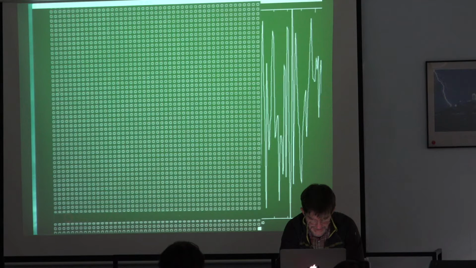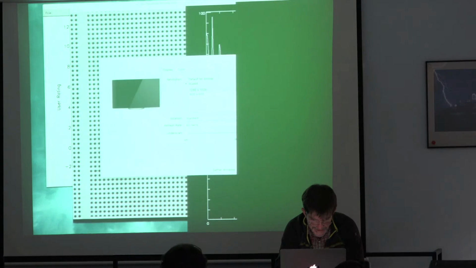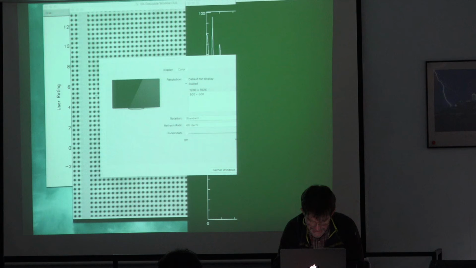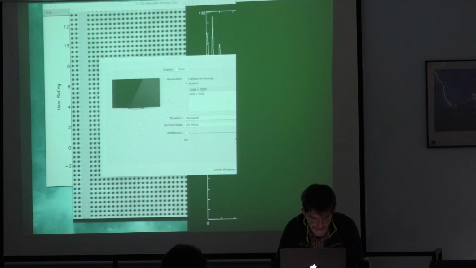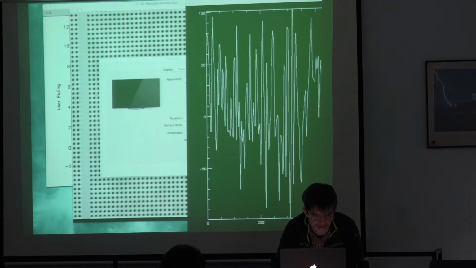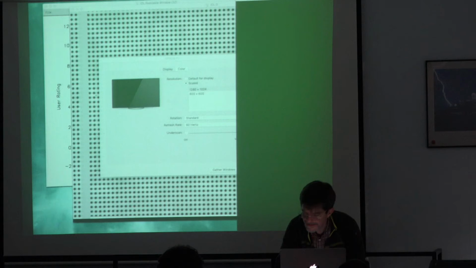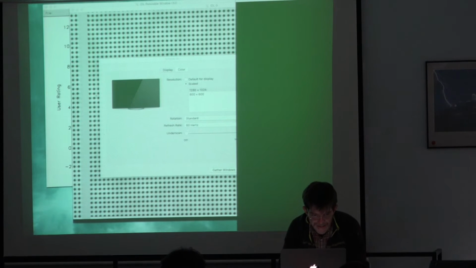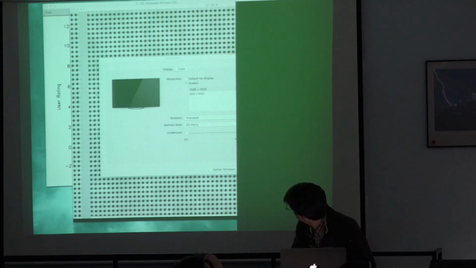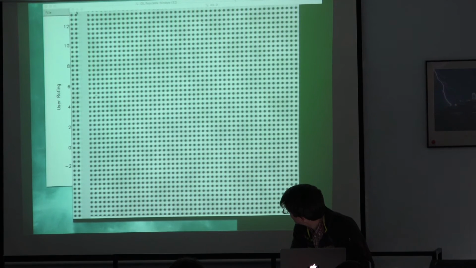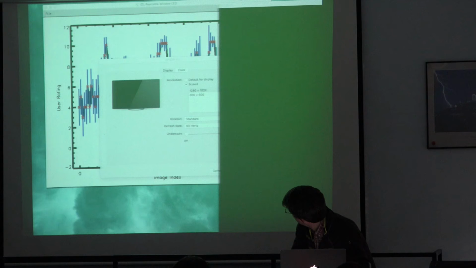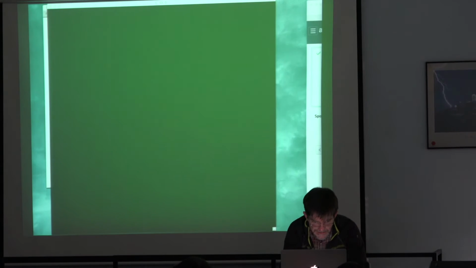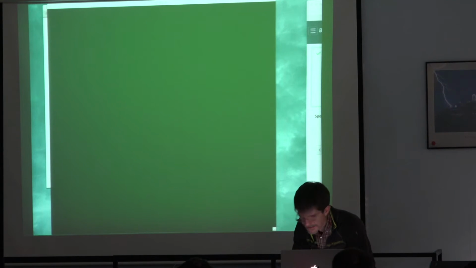Well, the image is 1,000 by 1,000, so you would think that would be the right size, which is what it should have created the window as. Okay. One more time, otherwise we'll just move along. Yeah, see, it doesn't.